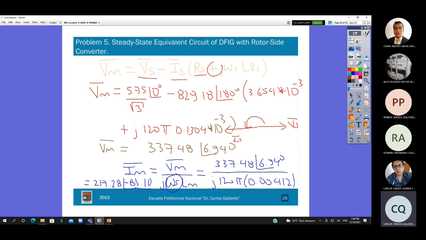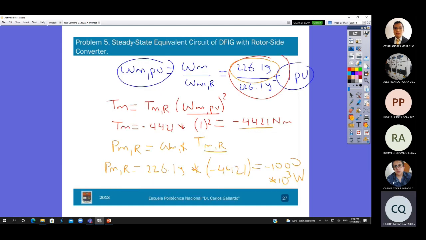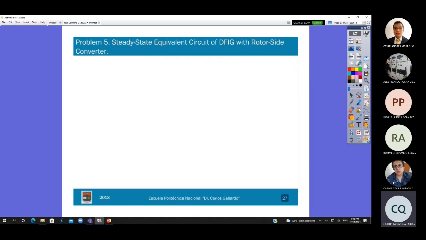I want to compute, if I know the stator current and the magnetizing current, applying Kirchhoff current law, the rotor current. We have already demonstrated this from the previous class. So I will have the stator current minus the magnetizing current. We have already computed the stator current and the magnetizing current.